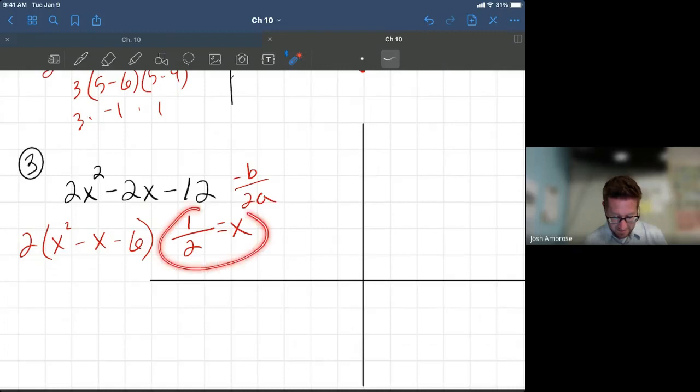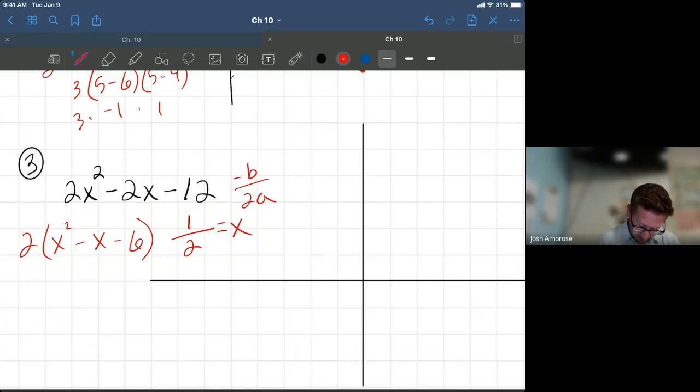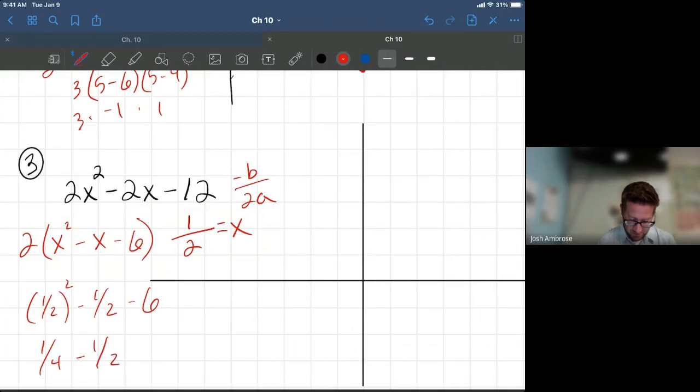I take this value and plug it into this x and this x right here. So we're going to substitute that value in. 1/2 squared minus 1/2 minus 6. 1/2 squared is going to give us 1/4, minus 1/2, minus 6.